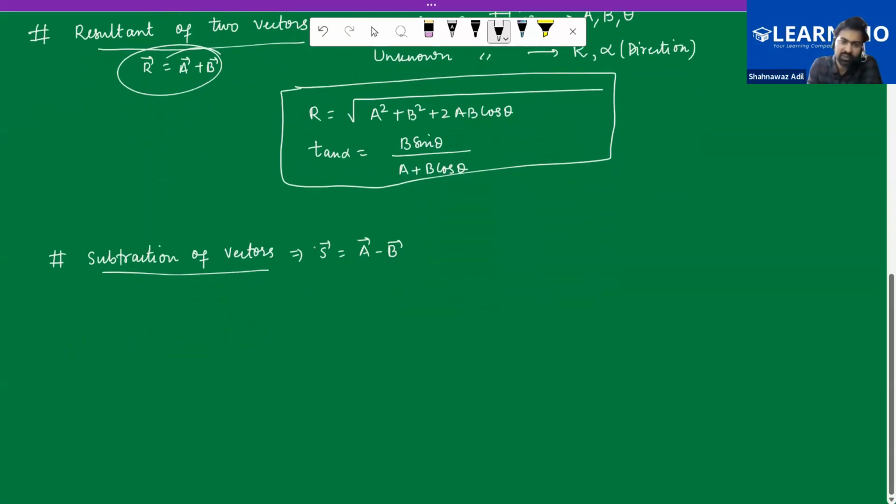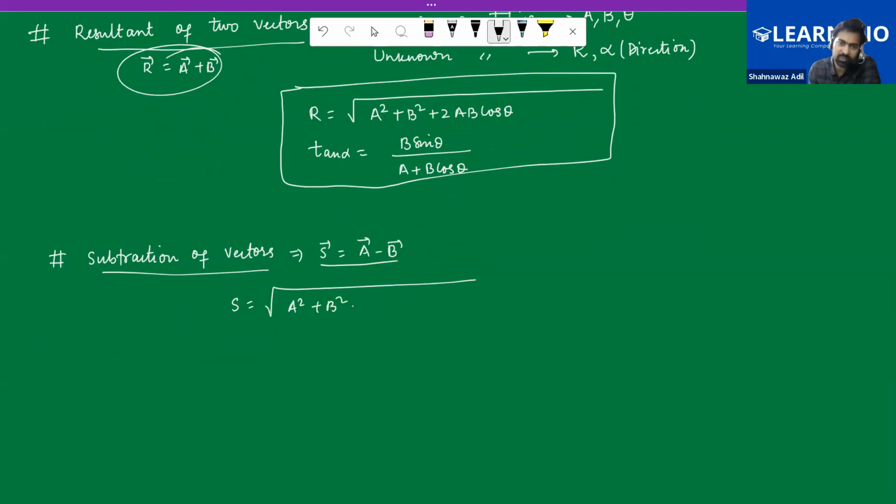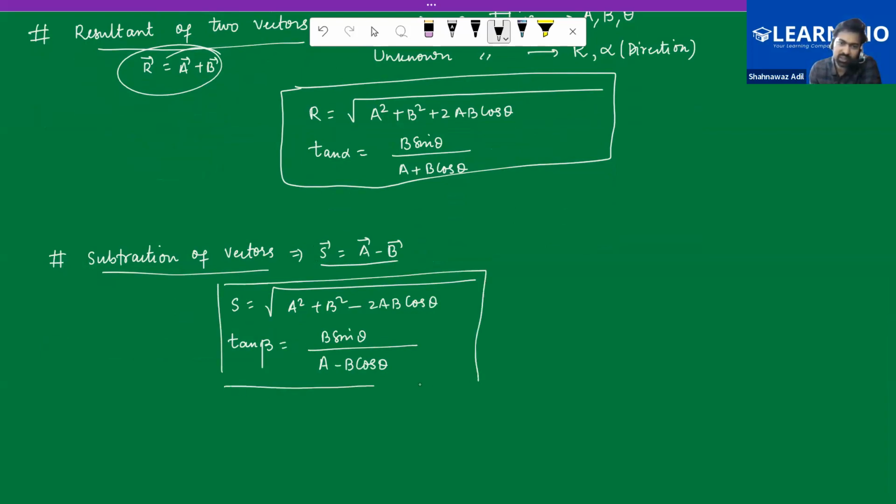So similarly we have this subtraction of two vectors, and the magnitude of this vector is... and the direction of this vector is how much? Yes, so these are the two things that we study in the subtraction of vectors.